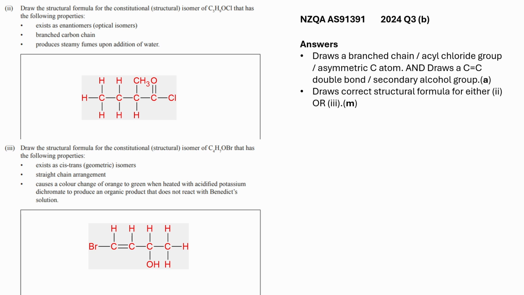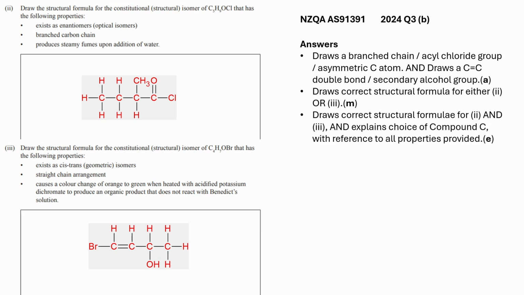If we draw one of these completely correct, we get a merit, and if we draw both correct, we get an excellence. So if you drew a component of each, achieved. If you draw one correctly, merit, or both correctly, that's excellence.